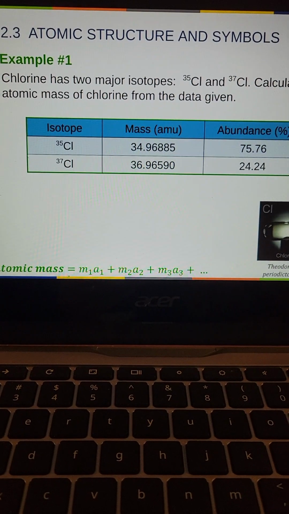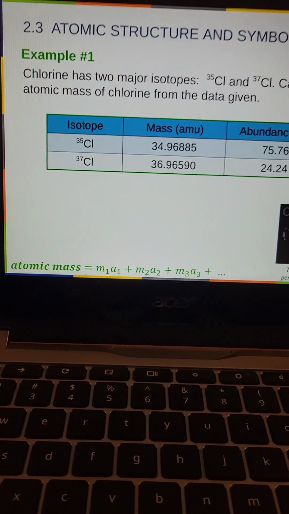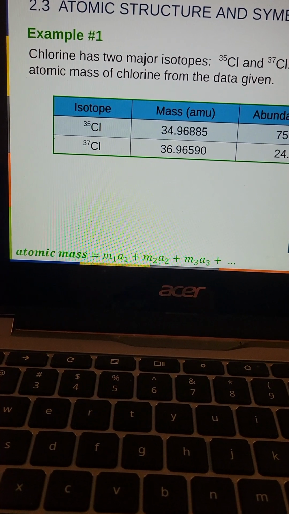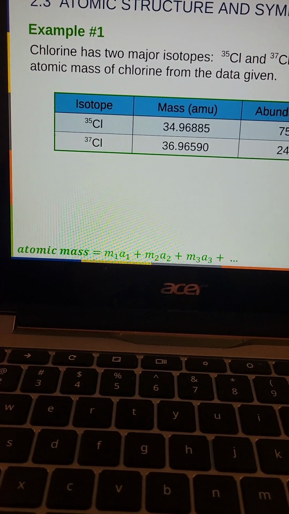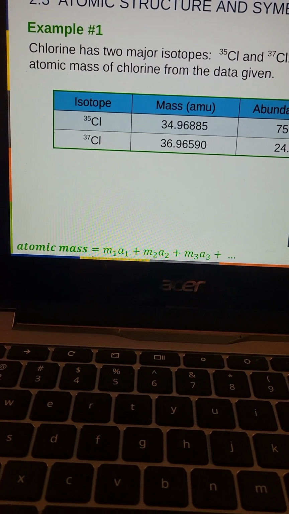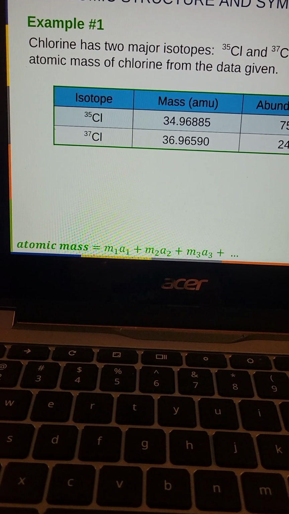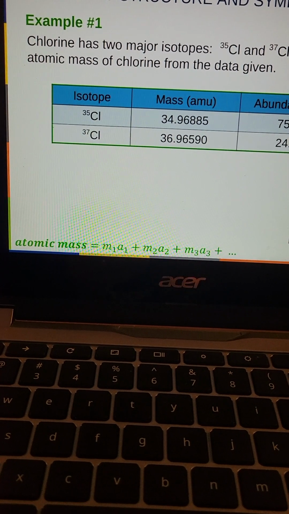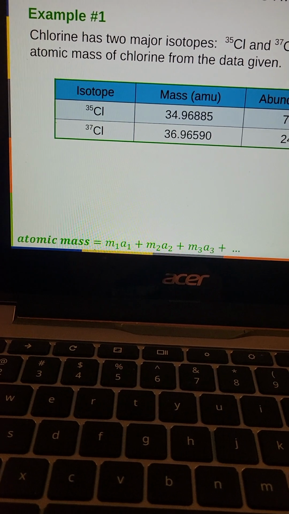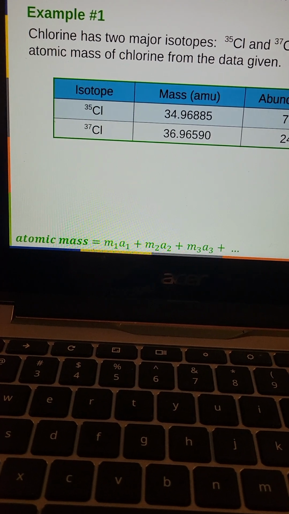All right, so now we're going to work through example number 1. Okay, so I'm going to write the information on this piece of paper, and then I'm going to show you how to calculate it. So we have 75.76% of chlorine 35, and we have 24.24% of chlorine 37.